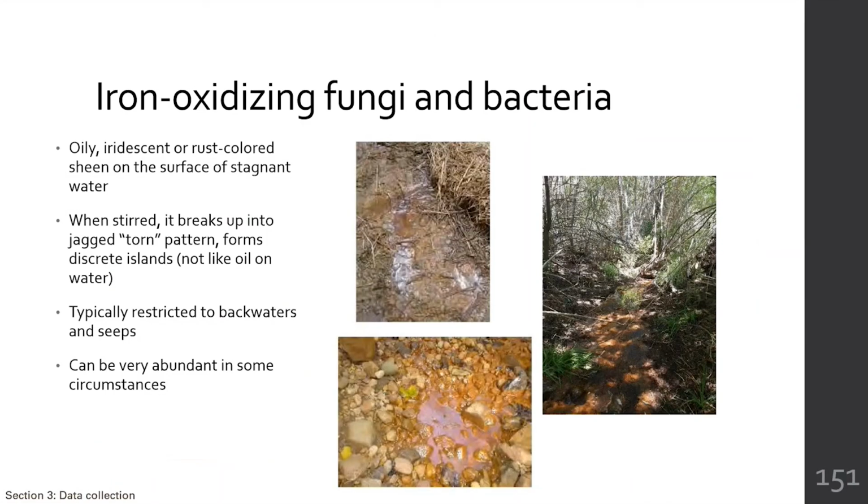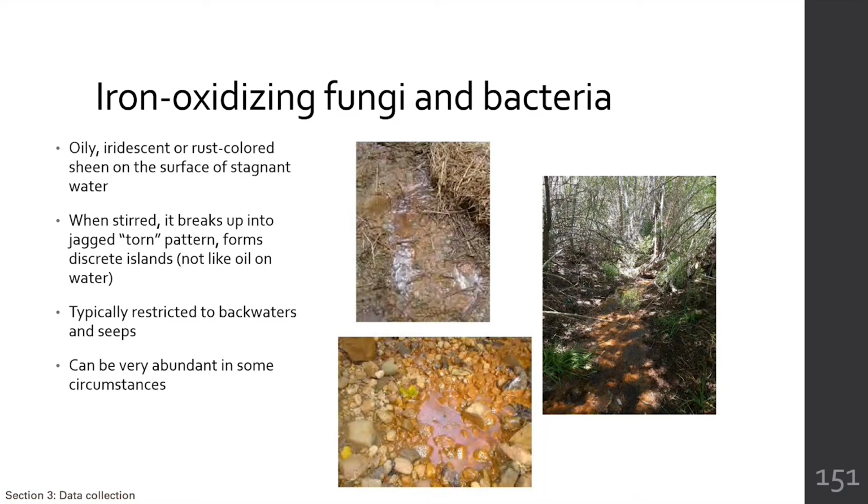Iron oxidizing fungi and bacteria show up as iridescent sheens or rust-colored sheens on the surface of stagnant water. You can distinguish them from oil slicks caused by either road runoff or natural oil seeps by running a stick through the film.